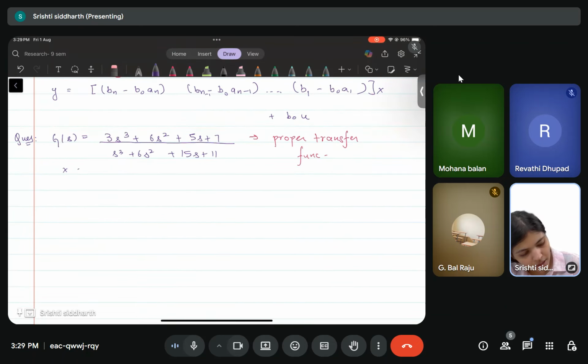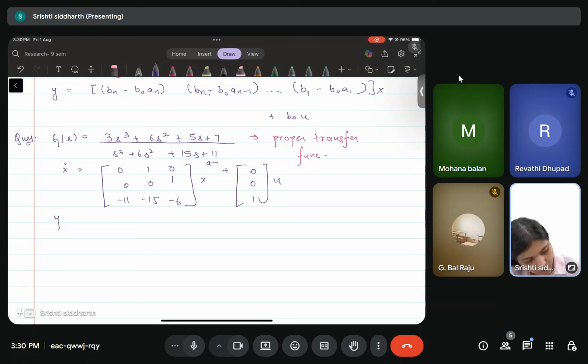So x dot is already given to us. It's 0, 1, 0, 0, 0, 1, and then the last row is going to be minus 11, minus 15, minus 6, times x, plus 0, 0, 1 times u. And y equals the vector c, which is a, b, c, times x.